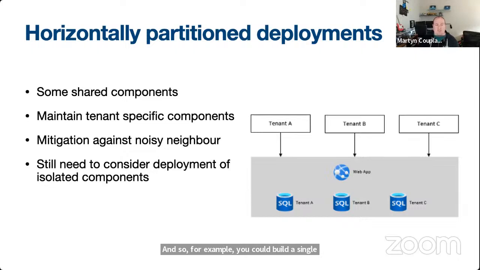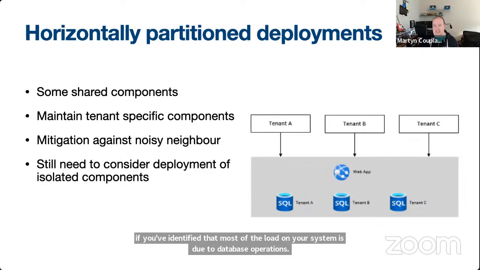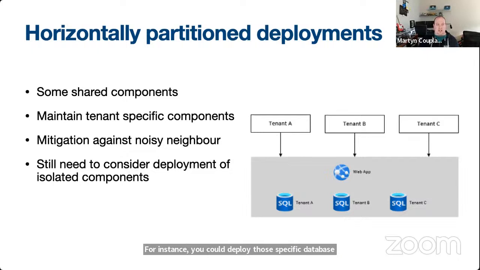From a benefits perspective, when you partition horizontally, you can help mitigate noisy neighbor syndrome. If you've identified that most of the load on your system is due to database operations, for instance, you could deploy those specific database components separately for each tenant. That's generally a good way to do it.